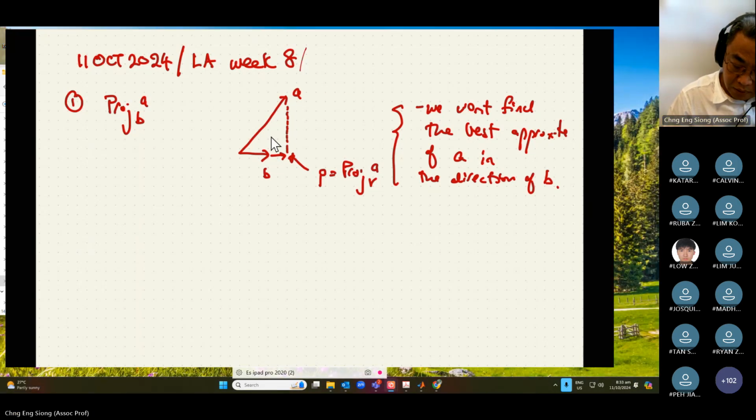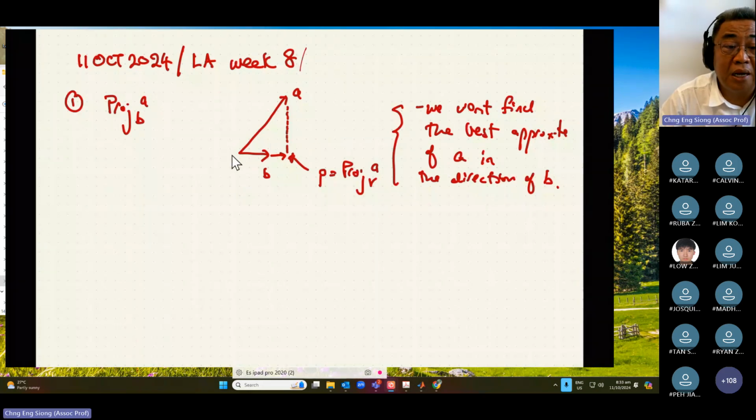Yep, so this is the direction of B. And I can move it here, here, anywhere along this line or back even. I'm allowed to choose any point along this direction of B.